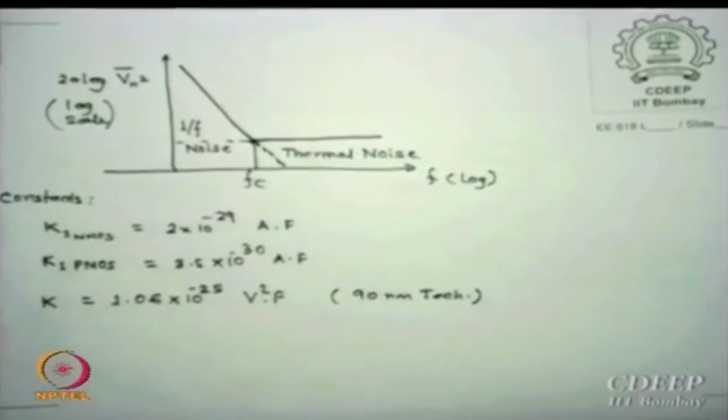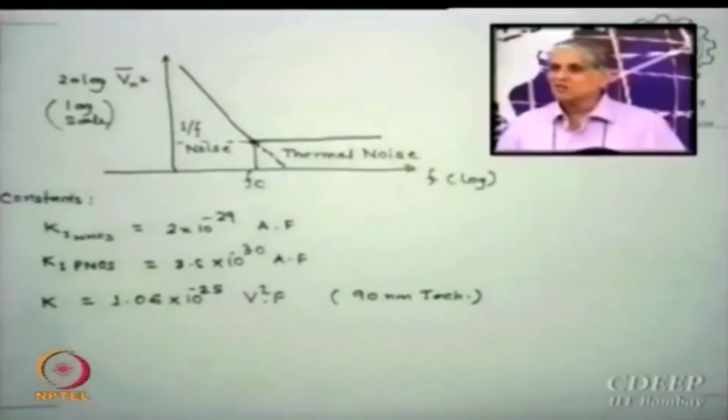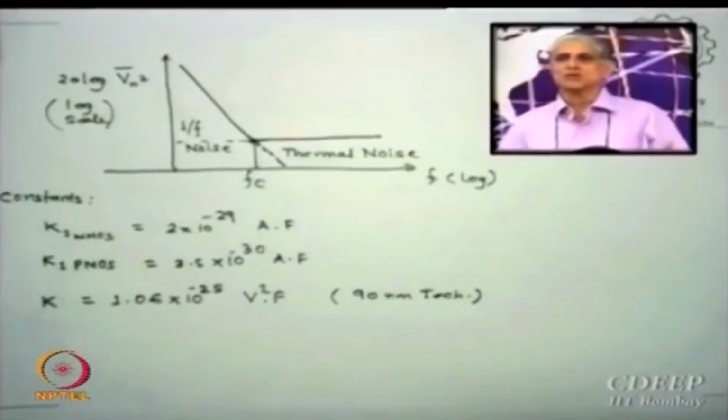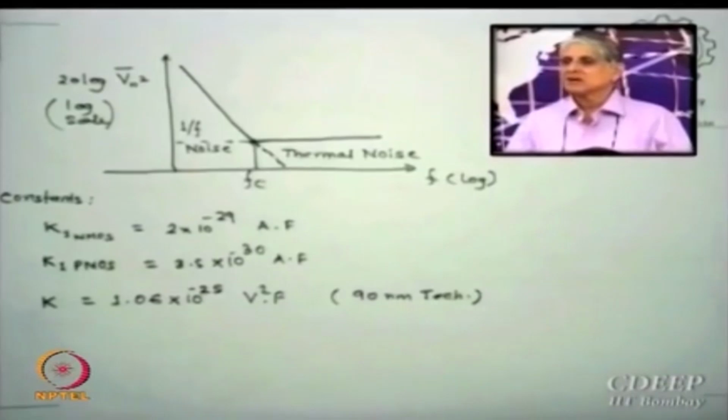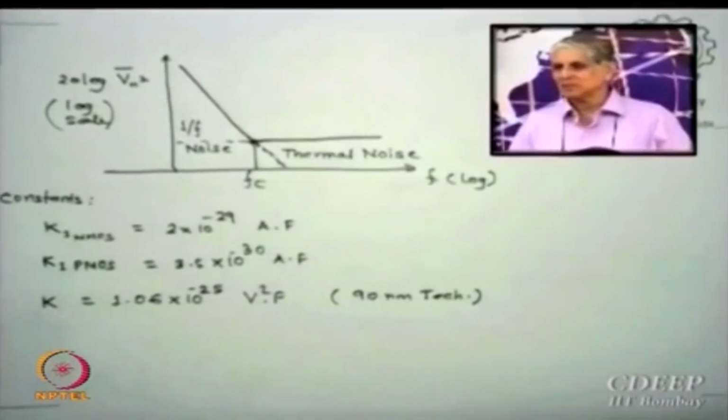Below that, 1 upon f noise may dominate. Is that clear to you? So this frequency is very relevant for us. At what frequency we are operating will decide which one to use. Somewhere here both are equivalent, and therefore normally you may put two terms all the time. If one is smaller, the other term will mask it anyway in numerical terms.